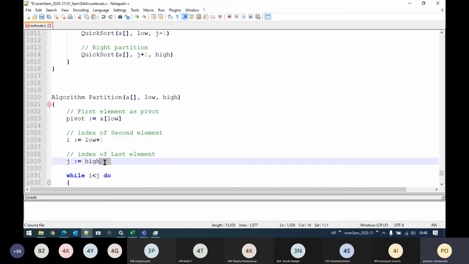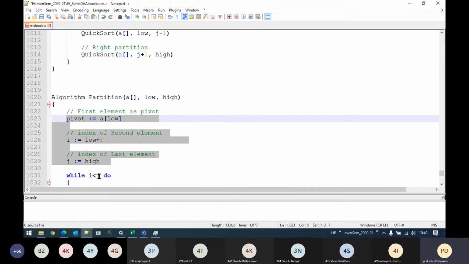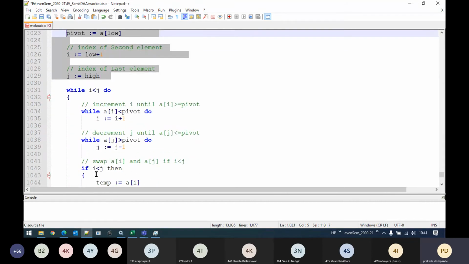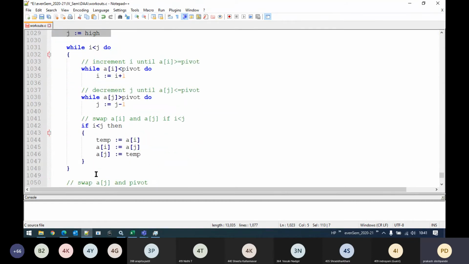Once these are set, we need to keep incrementing i and decrementing j. Based upon the i and j values, we will swap i and j, or else we will stop the incrementing and decrementing, and then we will swap pivot and j. That code is written over here.